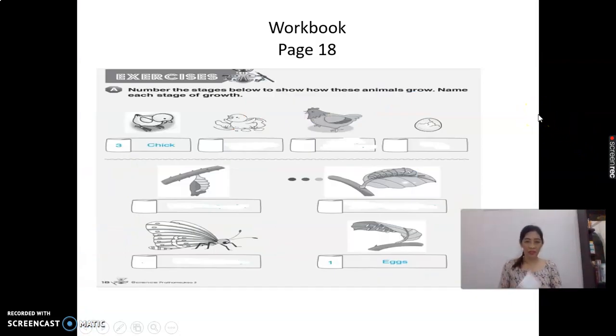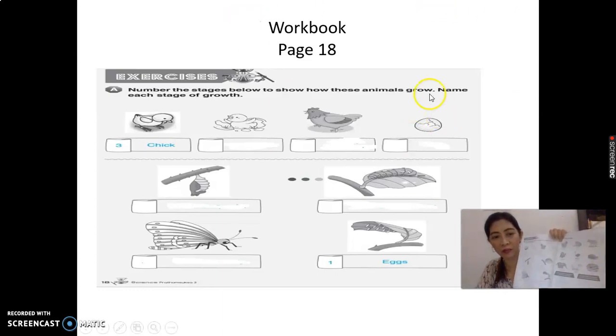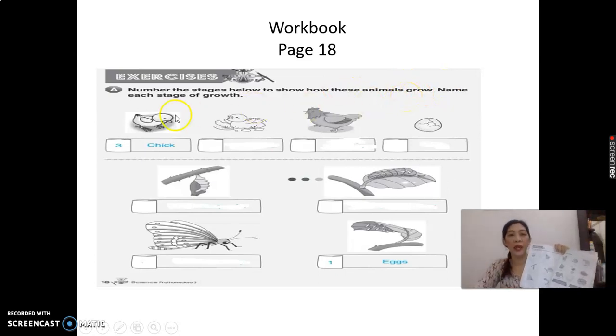So, I hope you understand our topic for today. So, we will proceed to page number 18. Please open your book, page 18. So, number the stages below to show how these animals grow. Name it stages of growth. So, which is number 1? Which is number 2? Which is number 3?